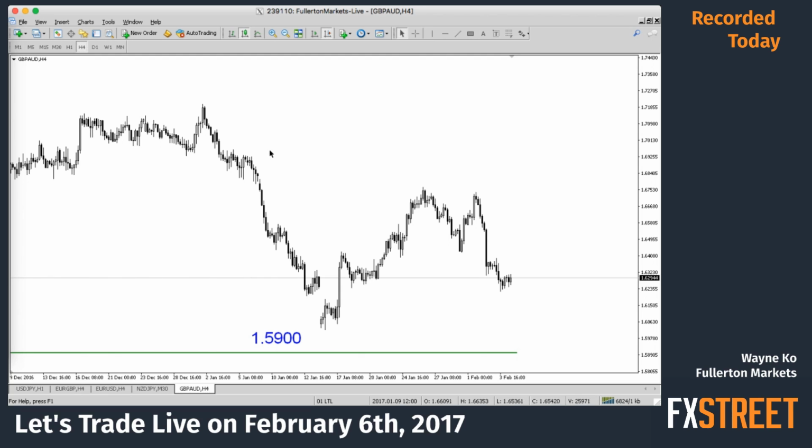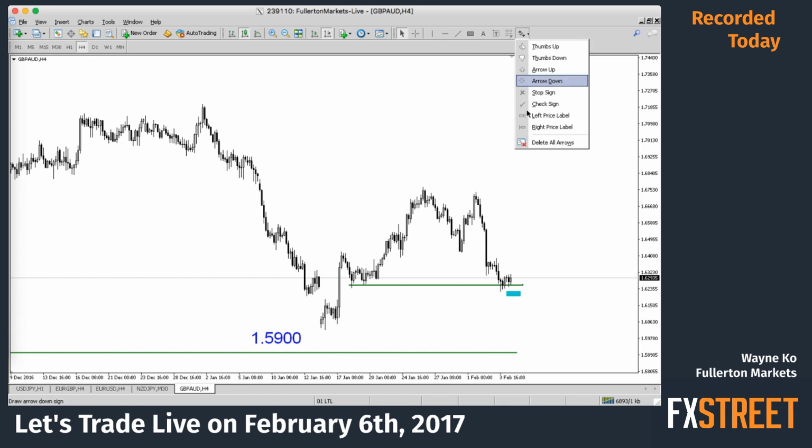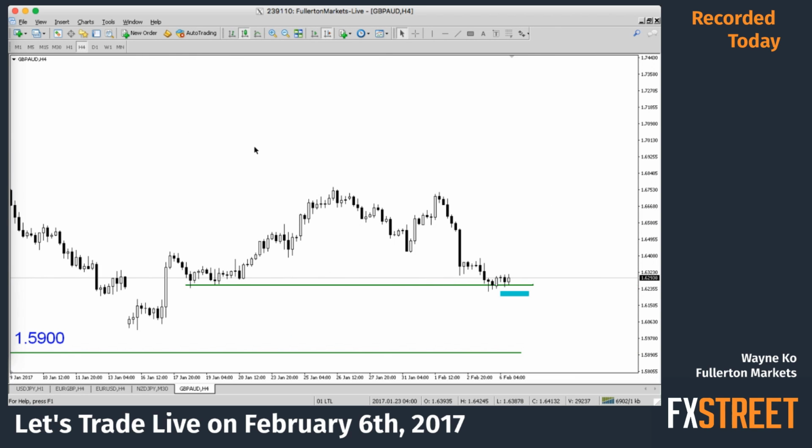Having said that, I'll be looking to go short. The only question is when to go short. So this is an H4 chart. Chances are this suggestion will only happen after the RBA. Okay, let me zoom in so it's easier to see.